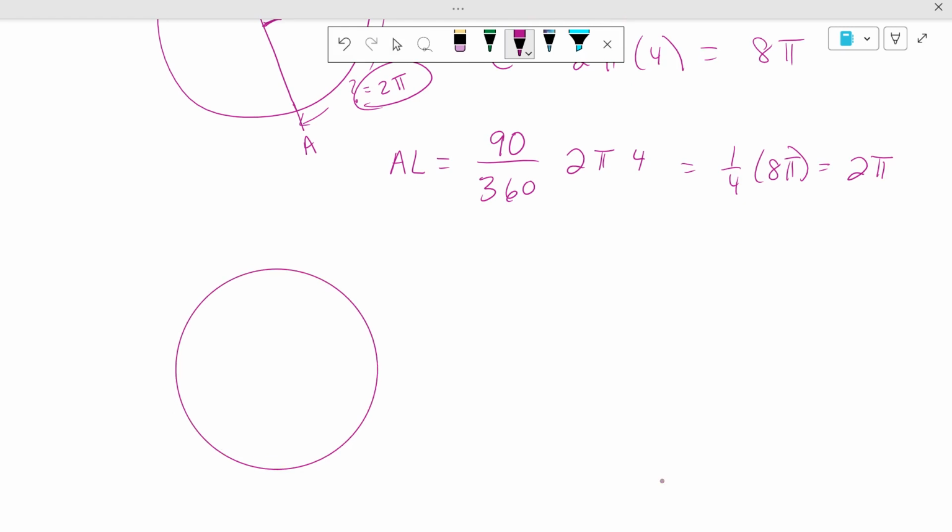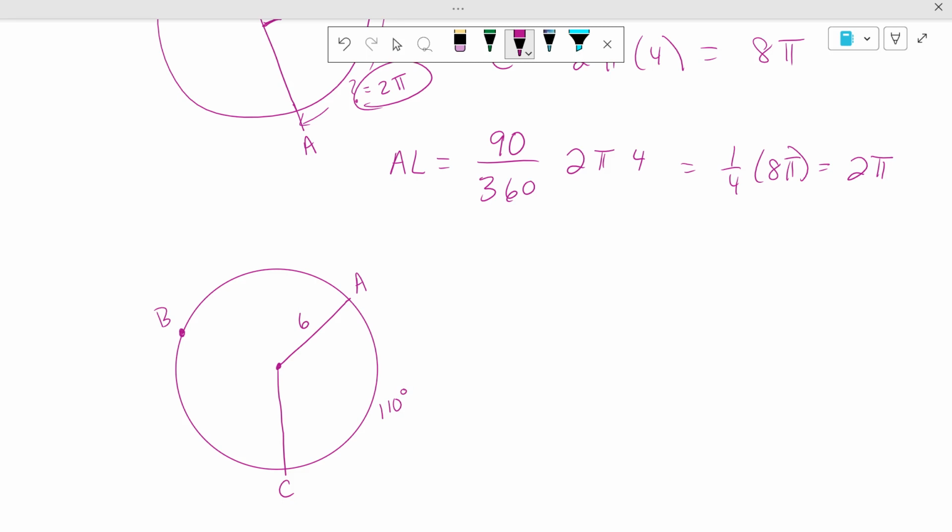Here's a circle. Okay, arc AC is 110 degrees.